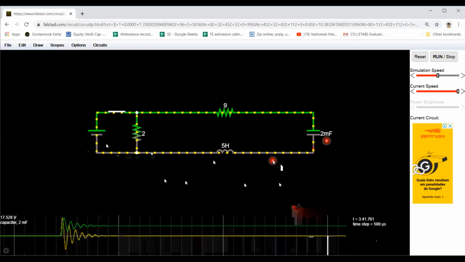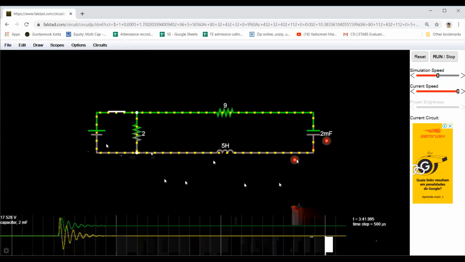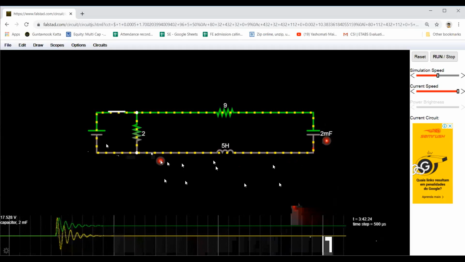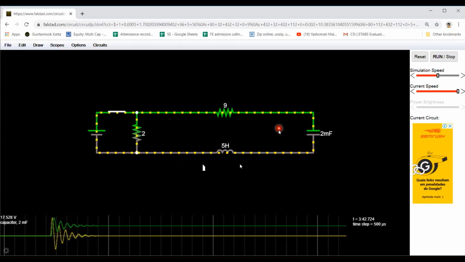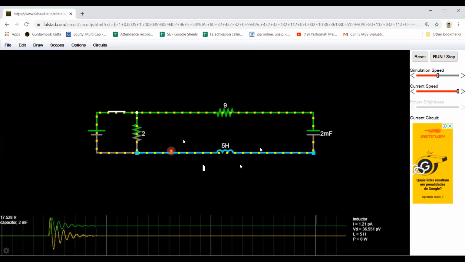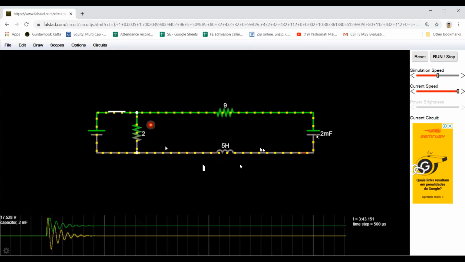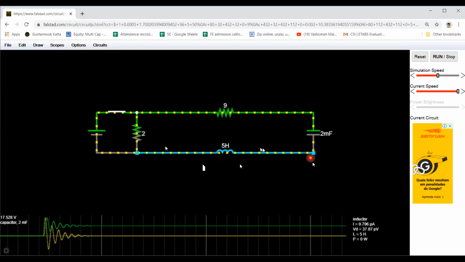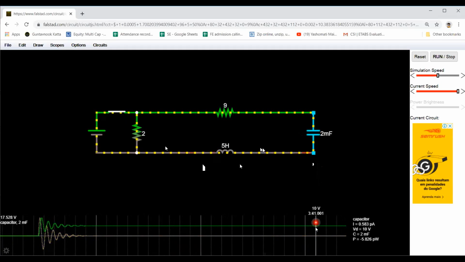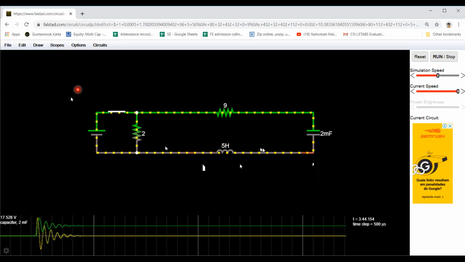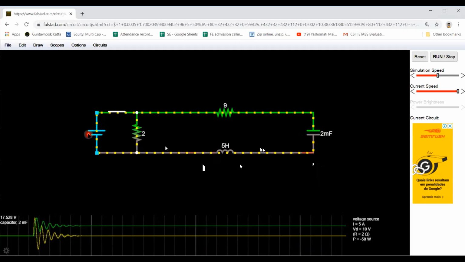You can observe here that the yellow dots have totally stopped. That means current is not flowing in the circuit. Only voltage is available across this capacitor, equal to the maximum, or 5 volt, equal to the source voltage.